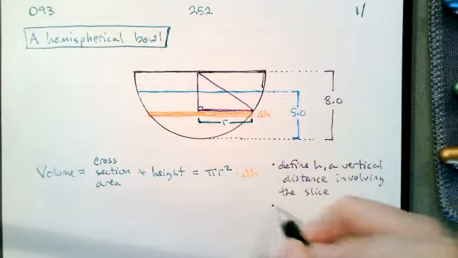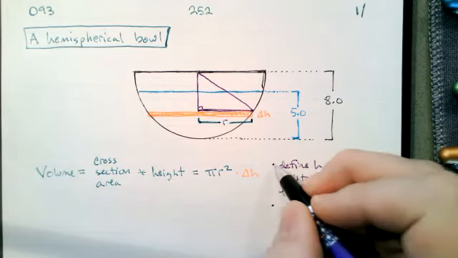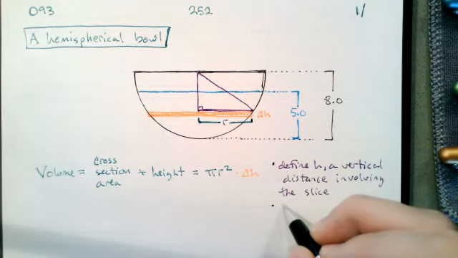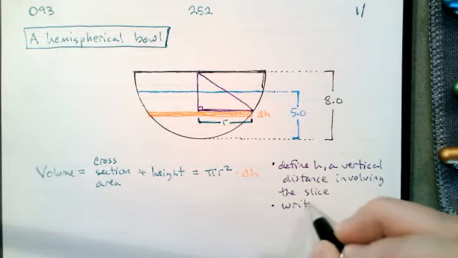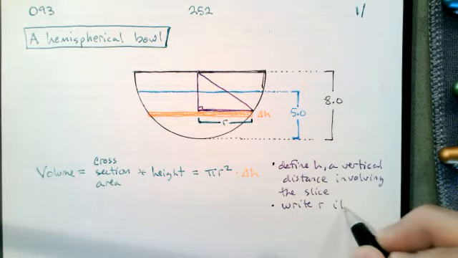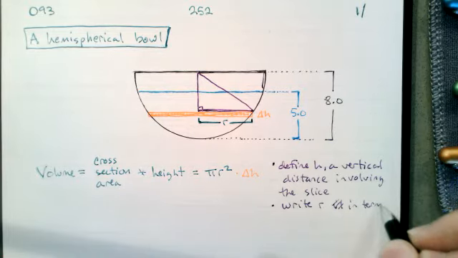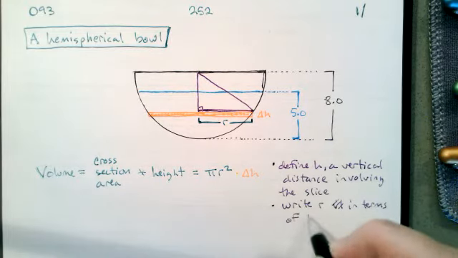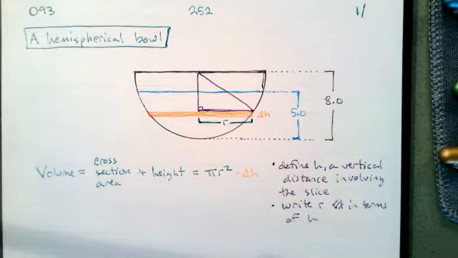And then we have to write everything in terms of the delta variable. In this case, that means write r in terms of h.